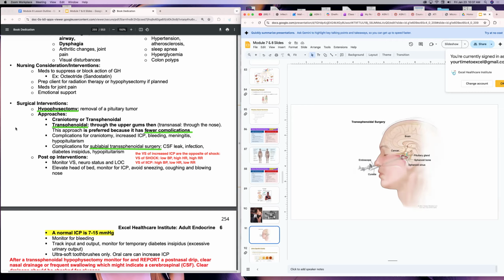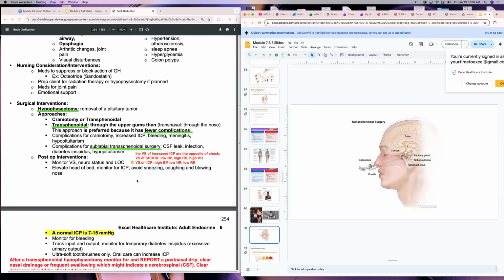So on your exam, you need to be looking if after any type of brain surgery or any type of neurological procedure. So hypophysectomy is considered like a neurological surgical intervention, okay?